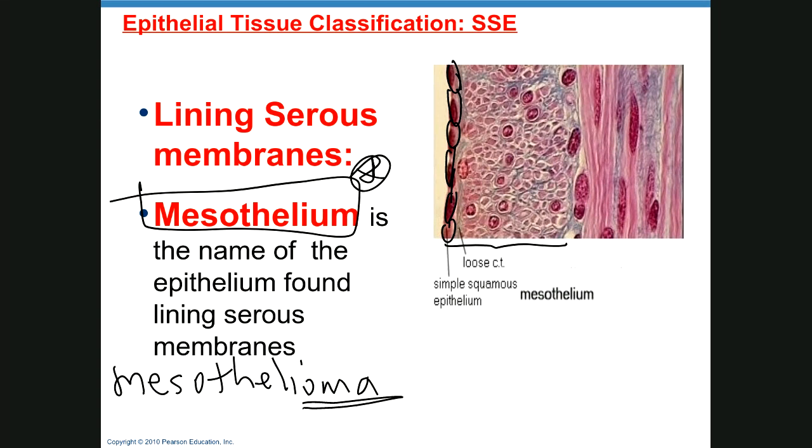This will be a tumor of the mesothelium, and this is a form of cancer that sometimes forms in the pleura, in the pleural serosa, in the serosa of the lungs, on people who had been exposed to asbestos. These little cells right here, the mesothelium, begin to grow and form tumors, cancer cells. So that's what mesothelioma is.